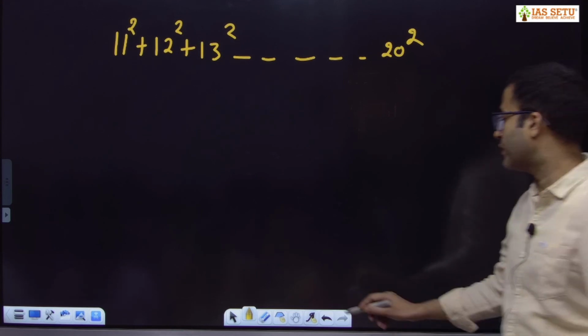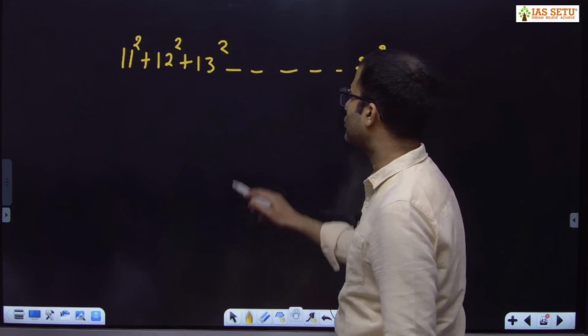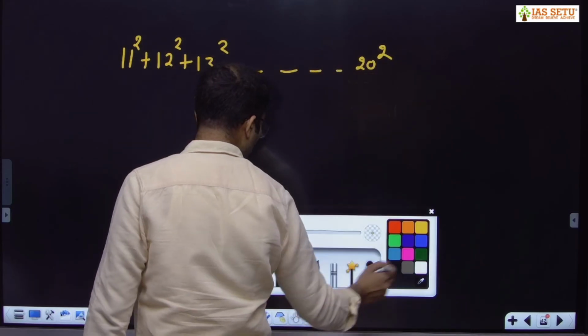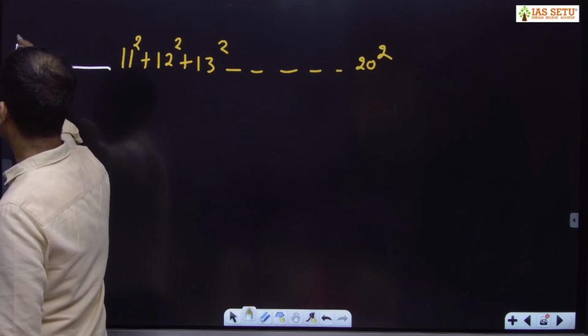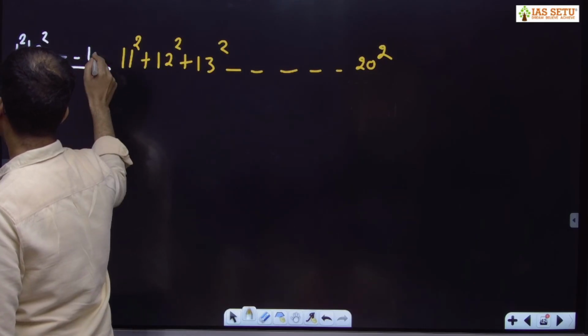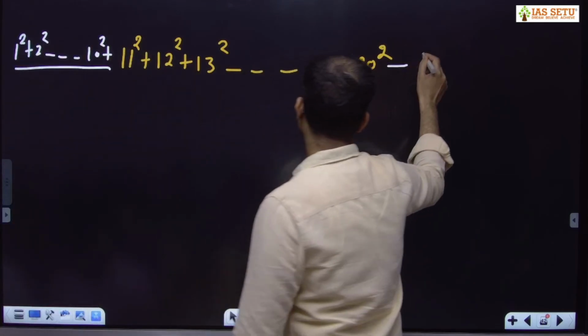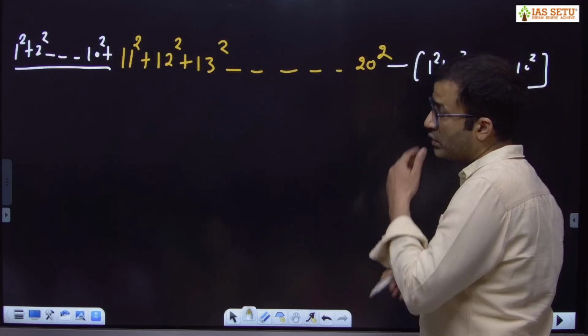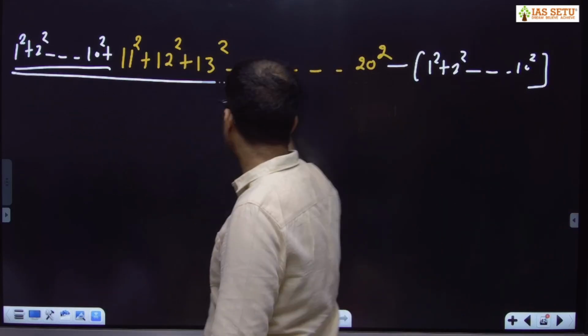So here either you do manually, 11 square, 12 square, सबकी वैल्यू लिखेंगे, ऐड करेंगे, but otherwise what you can do, what is missing, you can add 1 square plus 2 square up to 10 square, and same thing we can subtract, 1 square, 2 square, up to 10 square. So here we have 1 square to 20 square.